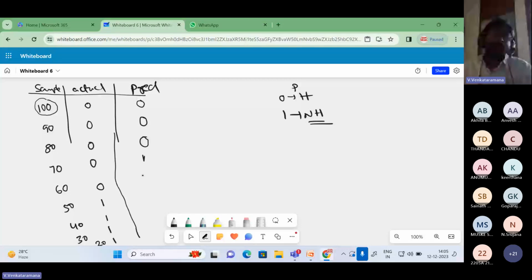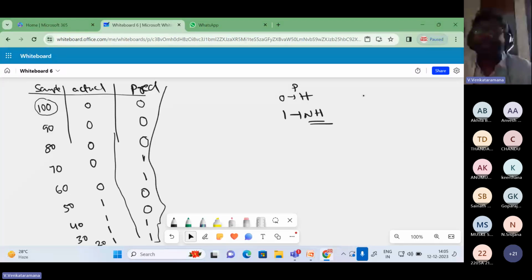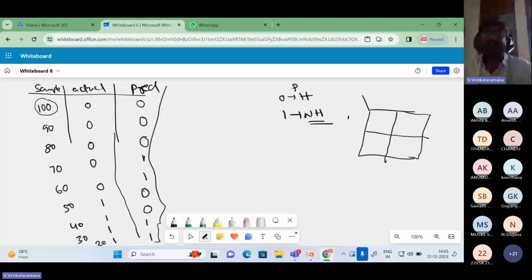So based on this data, anyone can fill the confusion matrix. Negative, negative, and positive, positive. Negative I am representing with a 0, that means not unhealthy.